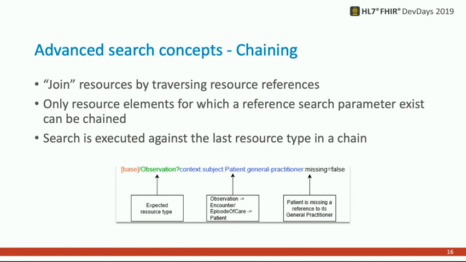But the important thing here is that general practitioner is a search parameter on patient and not on observation, so I can build up this chain. Yeah, you're right, the text is probably wrong in the last box. The text here explains that the patient is missing, but the patient is not missing. Oh, good catch, thank you for that. That's about filtering, not including. Exactly. But you can use the same concept for includes.